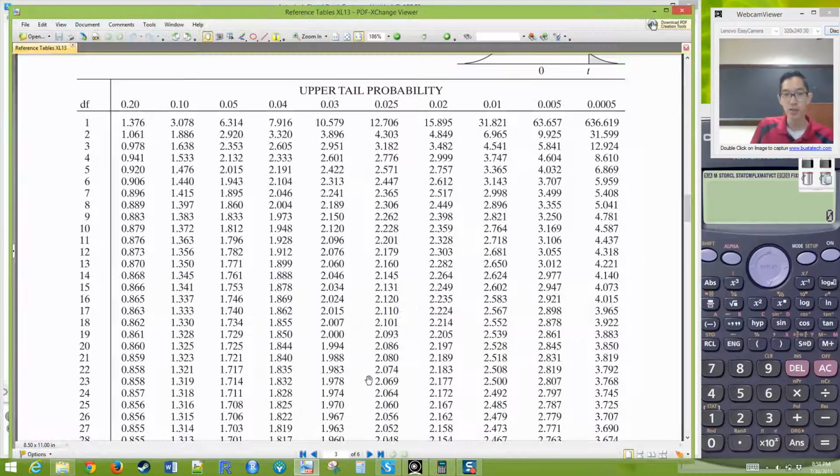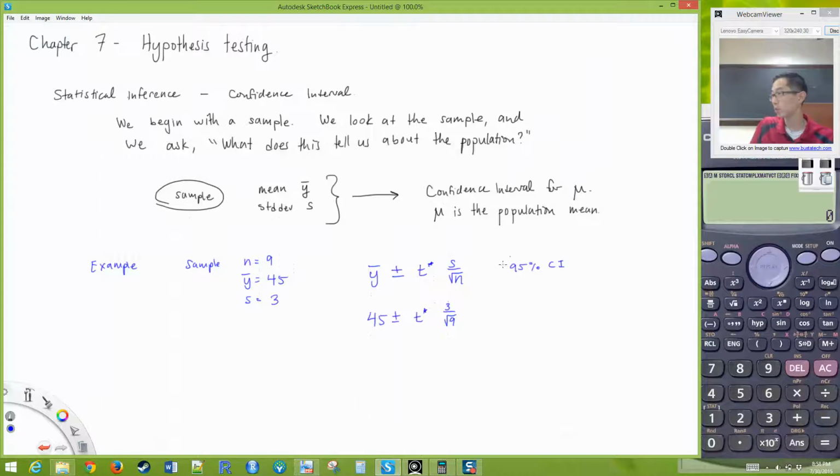The value that I use would have 8 degrees of freedom, 2.306. So my t star, 8 degrees of freedom, 95% confidence, 2.306. And so my confidence interval ends up being 45 plus or minus 2.306 times 1.